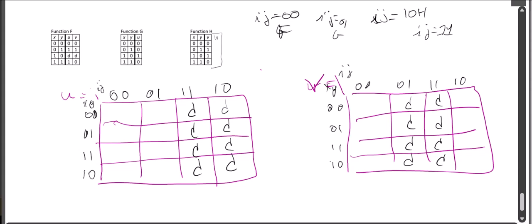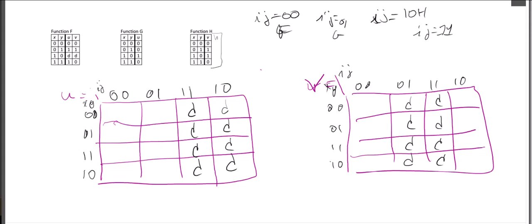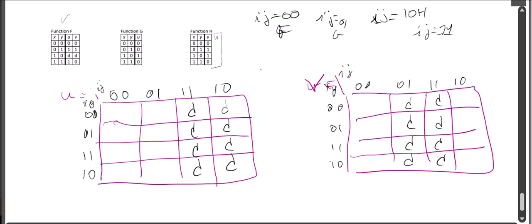And then for what you have left, you fill in what your values would be in the corresponding column. So U has possibilities for function F and function G. For function F, that's when ij equals 0, 0, so that would be this column.